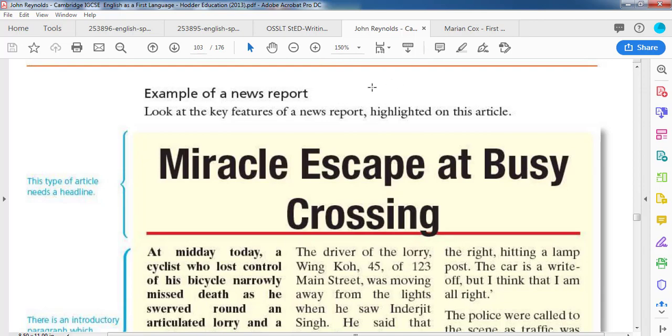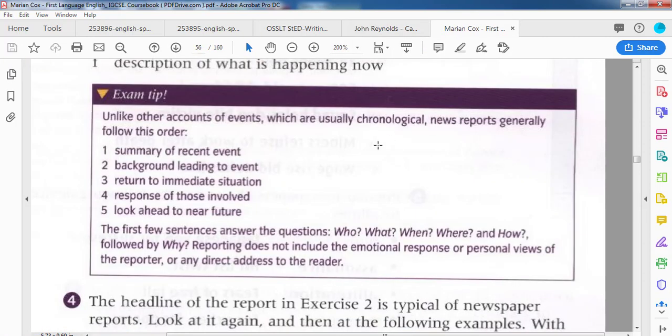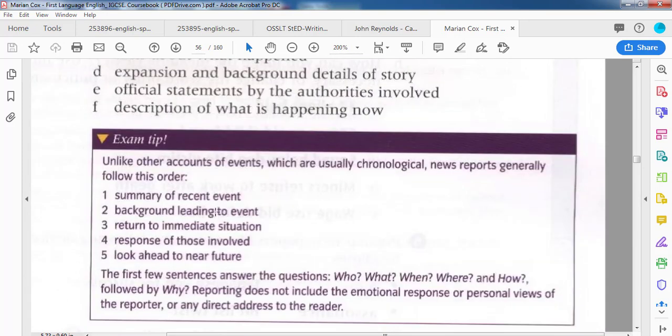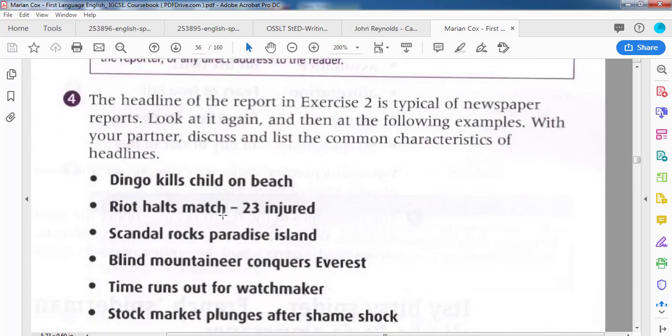So I tried to look for something more simple, okay, simpler than this. So I found something related to Marian Cox in her book English as First Language for the IGCSE.